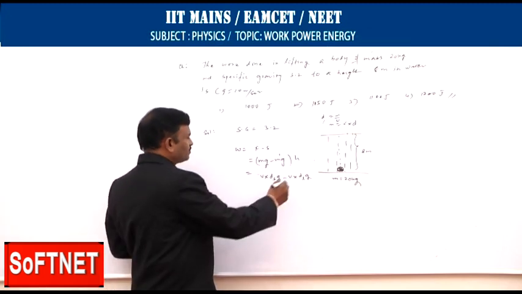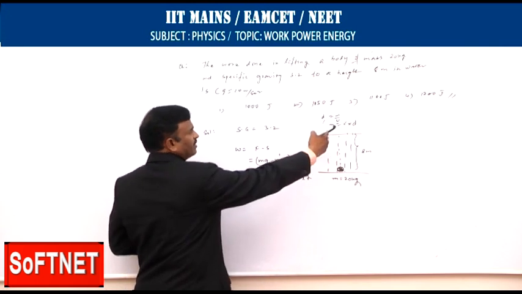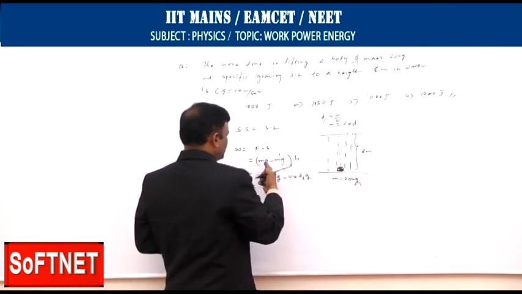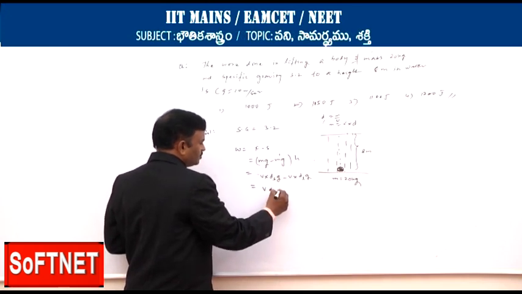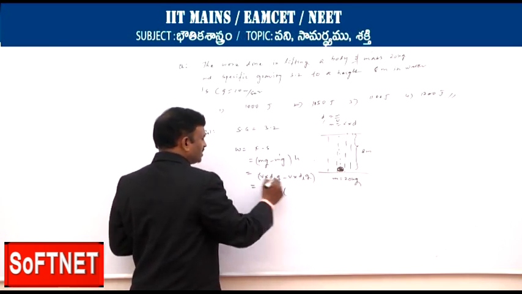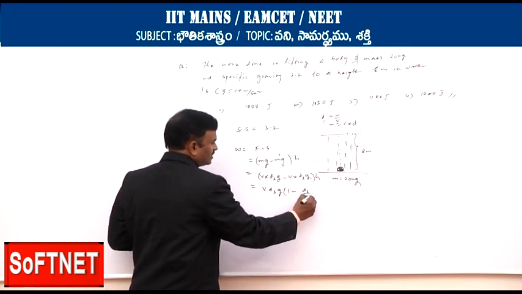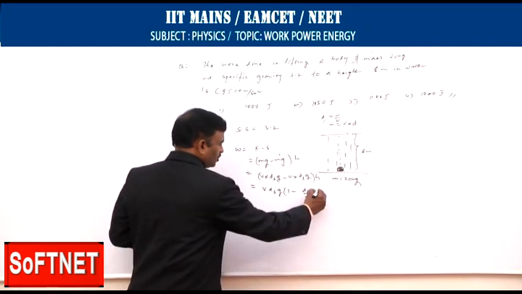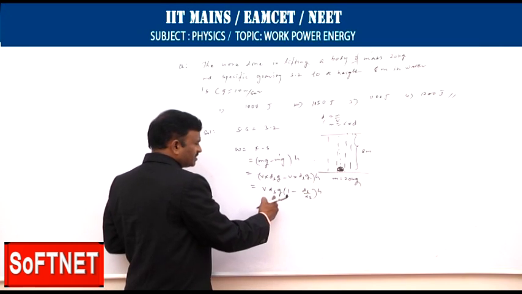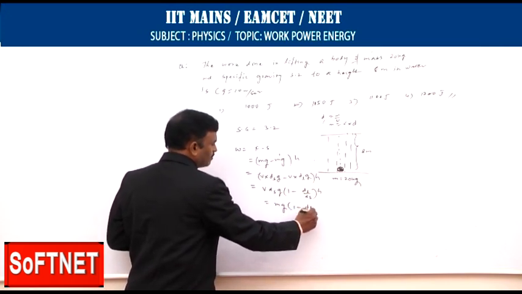Taking volume into density of the solid into g and h common, we get 1 minus dl by ds. Volume into density of the solid into g is nothing but mg, into 1 minus dl by ds.